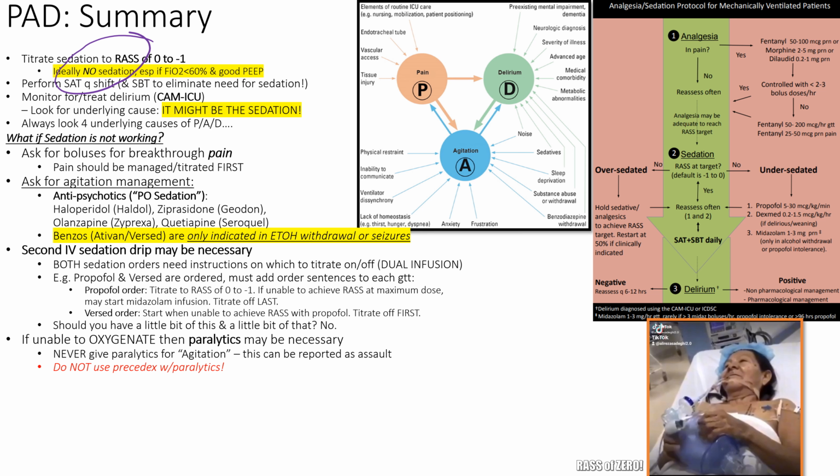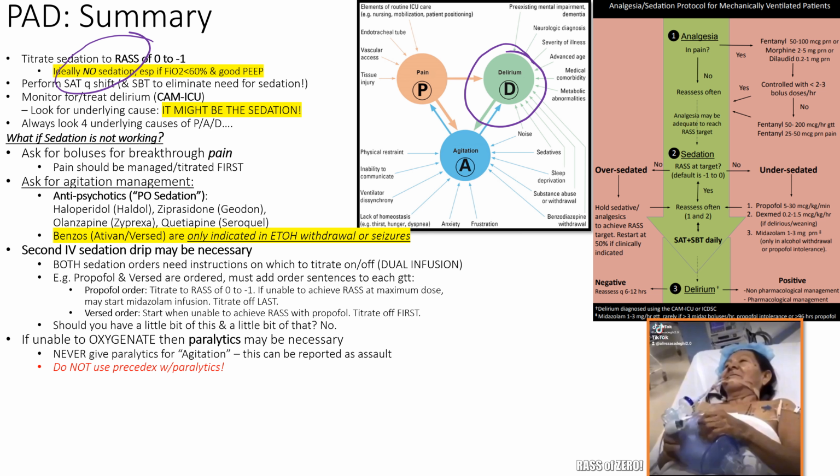No, at 25. So now it's 25 for the next shift. And then at 8 o'clock, now we go 25 to 0. And they fail, now you're at 12.5, right? So ideally, you're getting off sedation stepwise, right? And then monitor for CAM-ICU, that's delirium, because sedation can cause it, but benzos definitely could cause our delirium, right? Delirium can be caused by benzos independently.